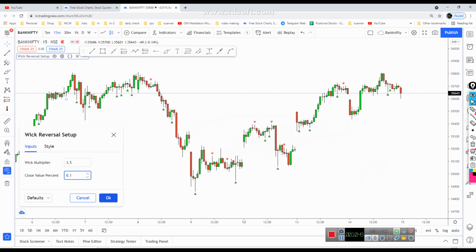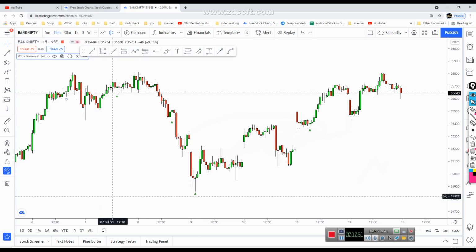I'm clicking OK. See, the number of trading signals got reduced by just changing the parameters on the same chart and the same time frame. Here you have one reversal setup, and here you have one reversal setup. This has worked beautifully. Where you need to take the entry, you need to take the entry only when the high gets broken.